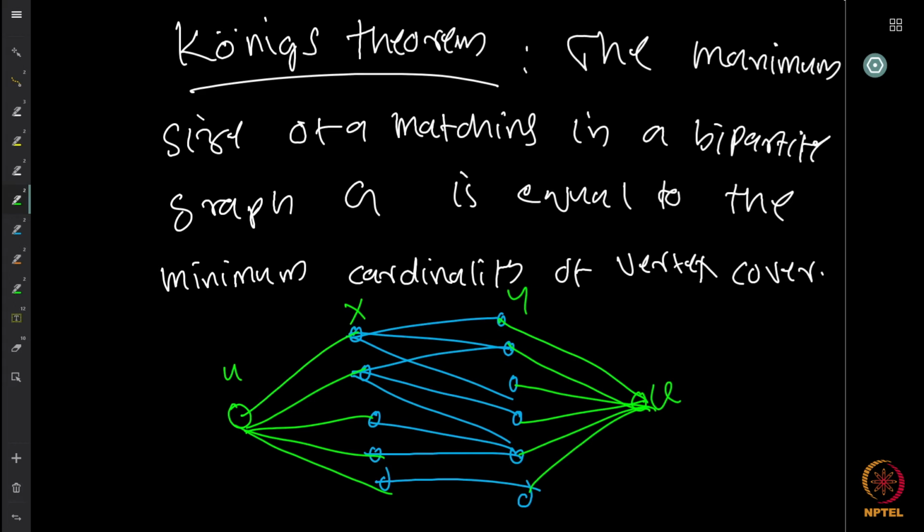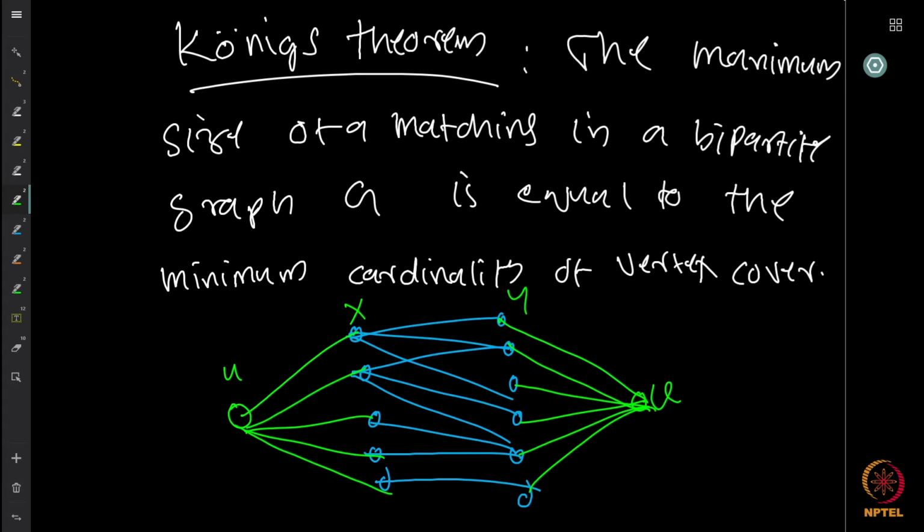What Menger's theorem says is that the minimum cardinality separating set from U to V is precisely the number of vertex disjoint U to V paths in this graph.